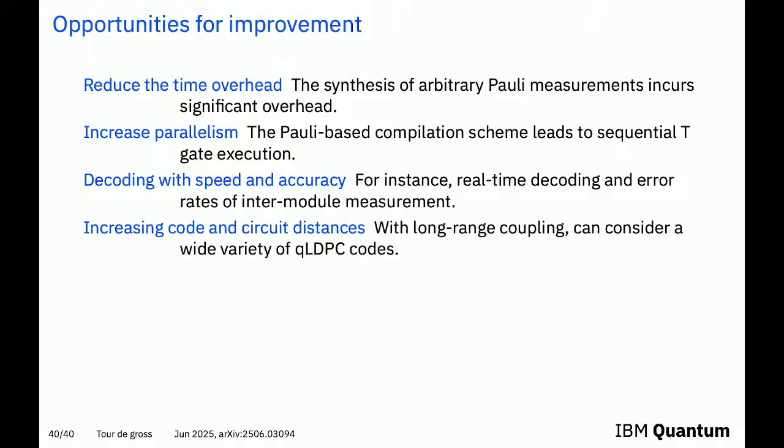Furthermore, we are interested in increasing the code distance further, like finding other codes that suppress the physical error rates, and using the long-range coupling hardware that we've developed. We can consider a wide variety of QLDPC codes.